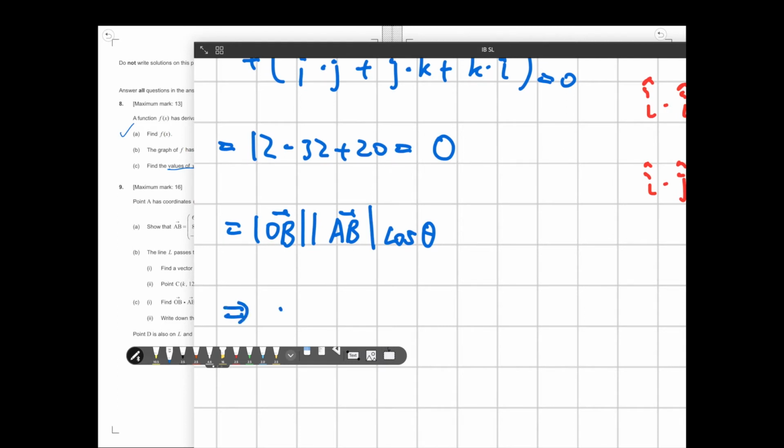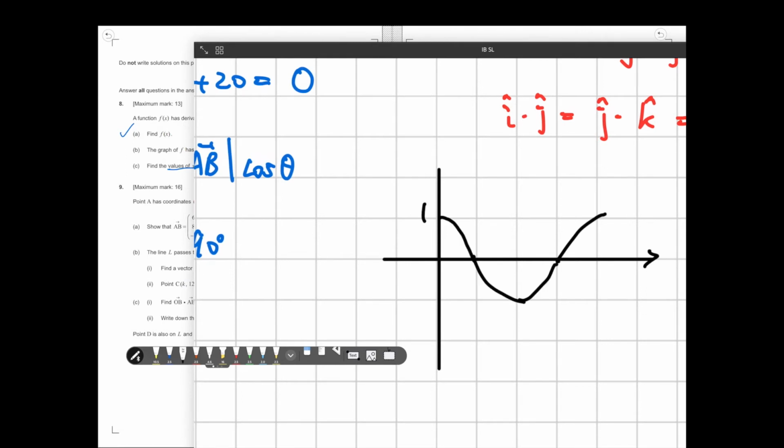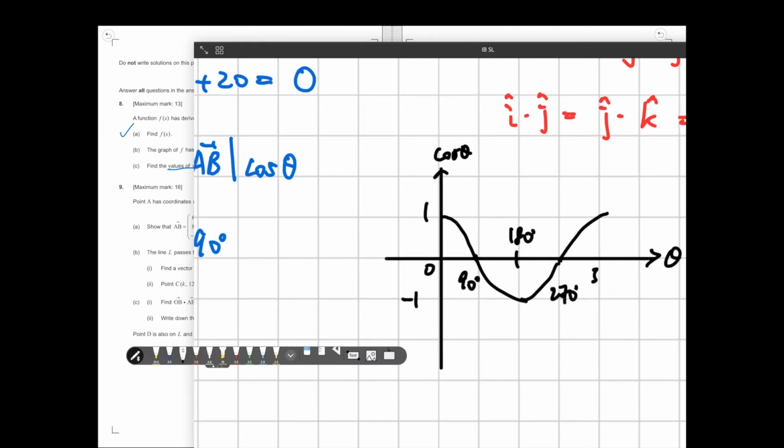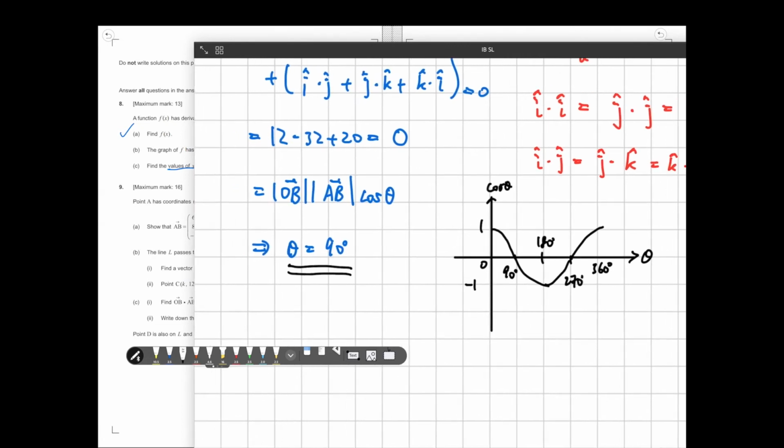So it means that theta will be equal to 90 degrees, because from the cosine curve, that is 1, that is -1, that is 0, and this is 90 degrees. When it's 90 degrees, cosine theta is equal to 0. So that's theta, that is 180, then 270, then 360, right? So that's why it is equal to 90.